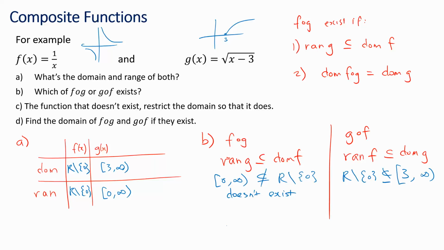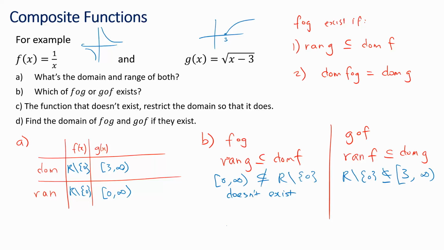So the next question, C, is the bulk of composite functions. This is where a lot of students were finding it difficult from chapter 1. For the functions that do not exist, both of them, restrict the domain so it does. So the problem is your range doesn't fit right now. So your range of g(x), that's a problem.